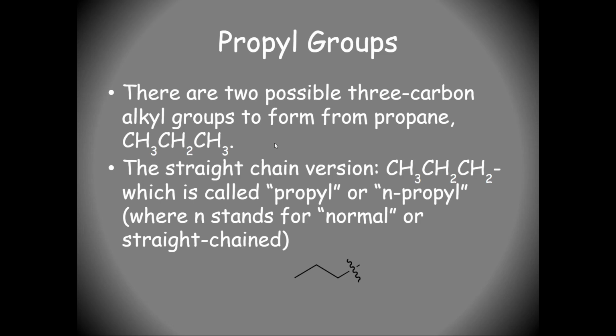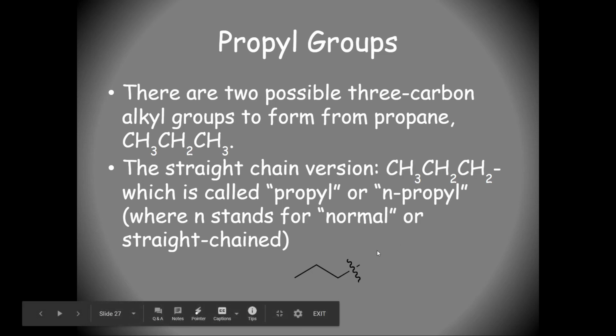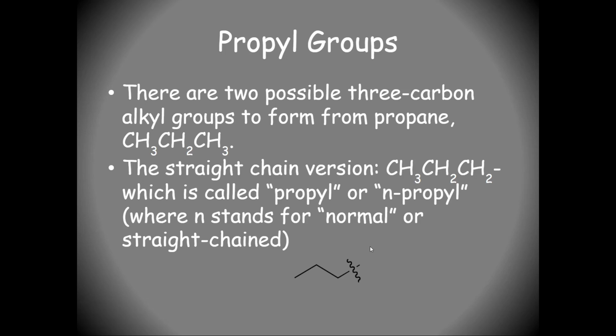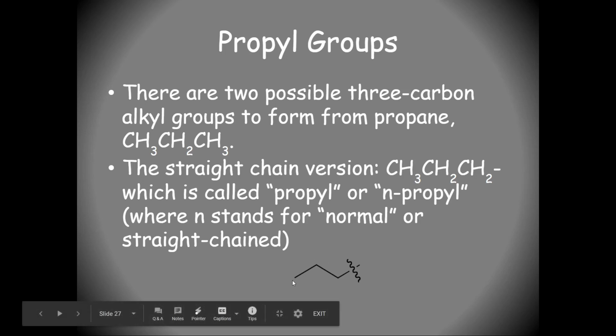Propyl groups. We're going to have two kinds. We have n-propyl, or propyl groups, which is the normal one where we have a straight chain going on.